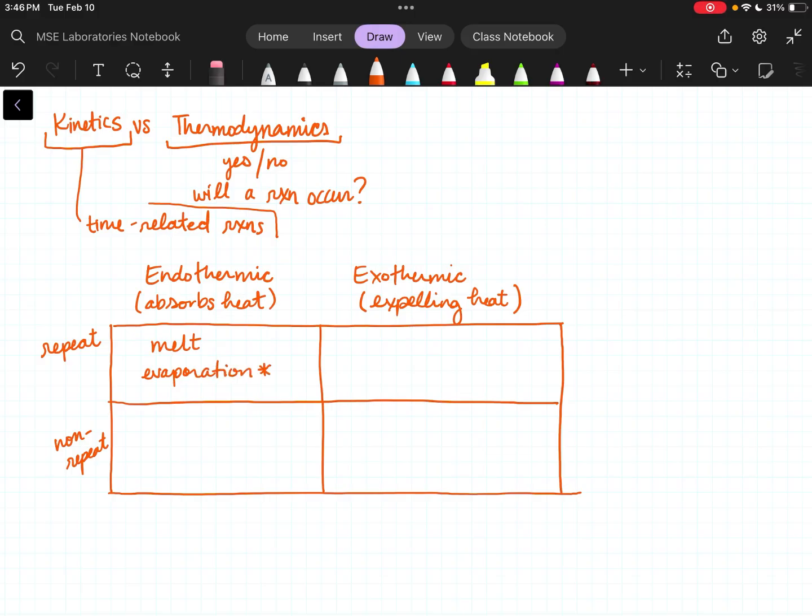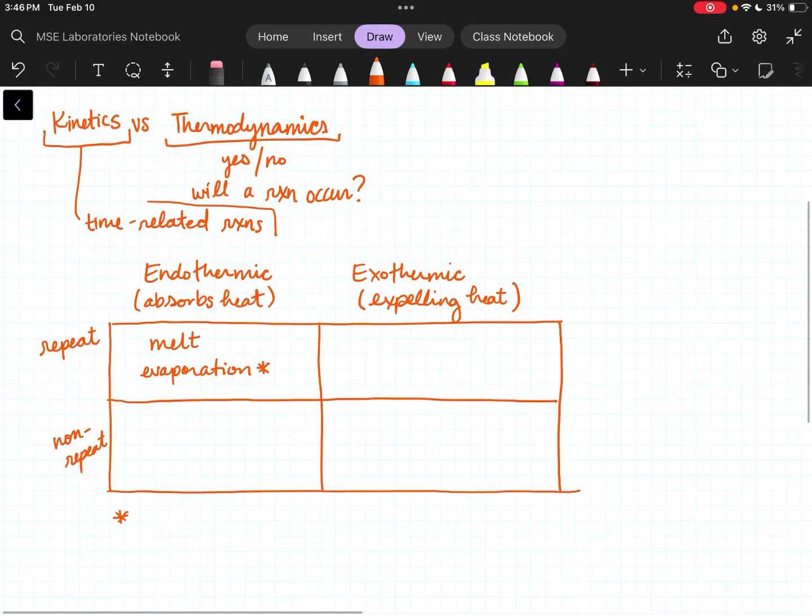And I'm going to put a little asterisk next to evaporation because it's only repeatable if it's a closed system. Yes, by cooling it down, you're going to get the evaporated steam back into water, but only if the steam didn't escape and fly away.